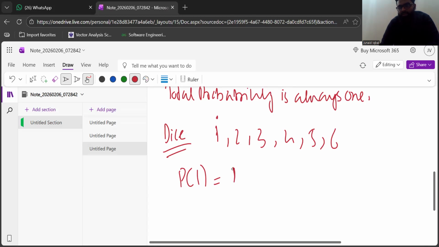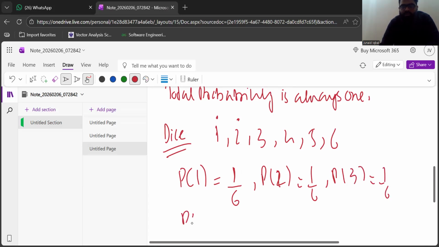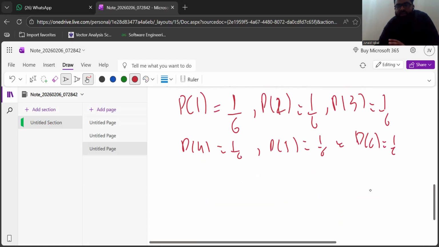The desired outcome is 1, and the total possible events are 6. So 1 upon 6 is the probability of 1. Similarly, 1 upon 6 is the probability of 2 because 2 is only a single event, 1 upon 6 for 3, 1 upon 6 for 4, 1 upon 6 for 5, and 1 upon 6 for 6. So all individual events have their probabilities as 1 upon 6.